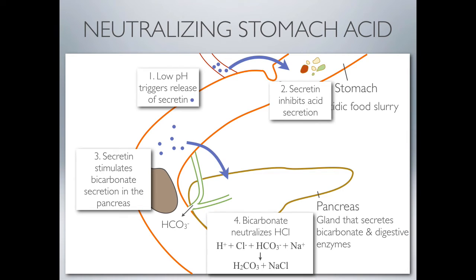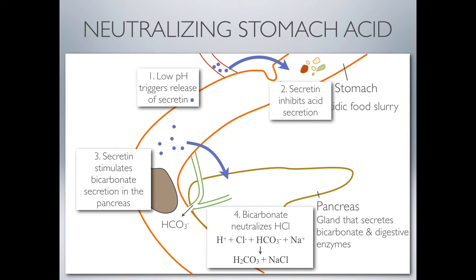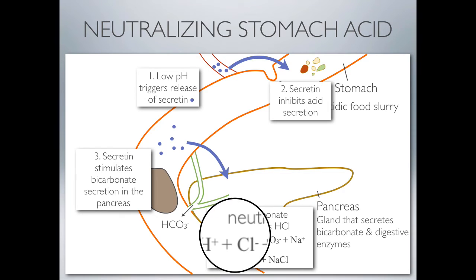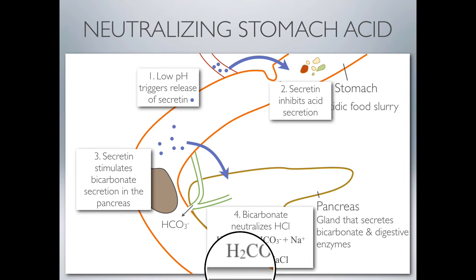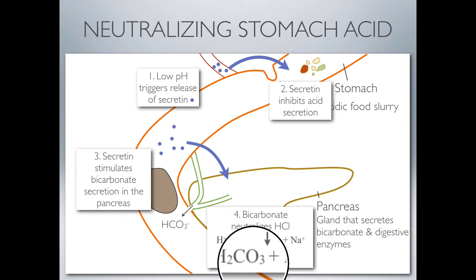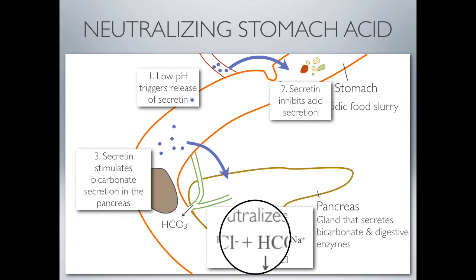And so by the time the chyme makes its way down to this region, we have this ability to neutralize the low pH. The low pH is, of course, a reflection of all those protons in the solution. And provided there are chloride ions around, the bicarbonate then creates carbonic acid and table salt via this reaction.